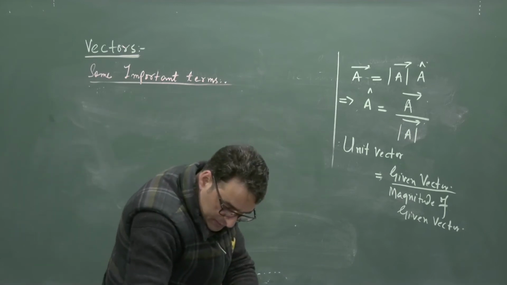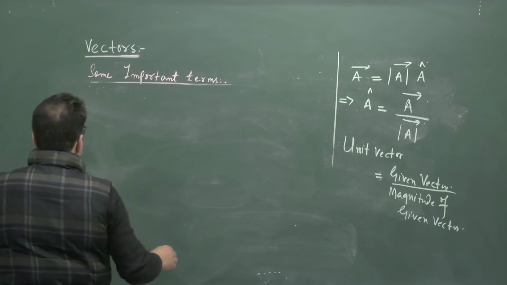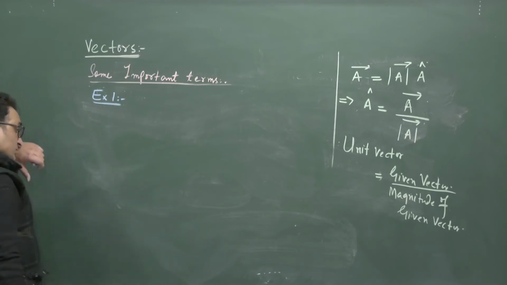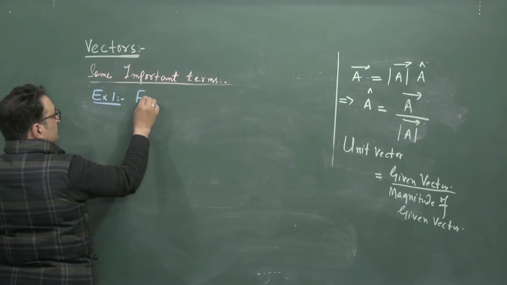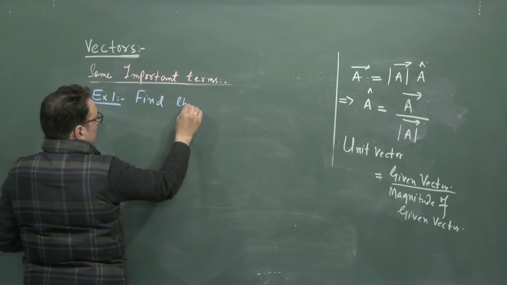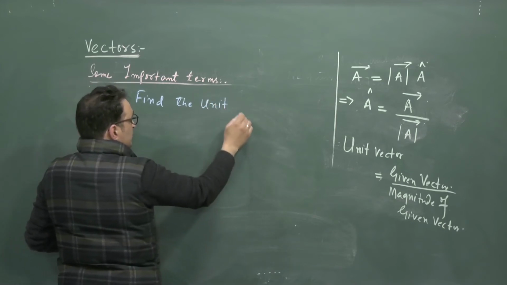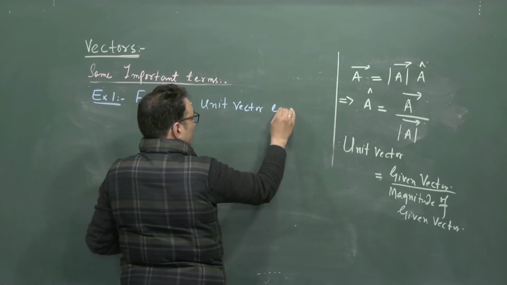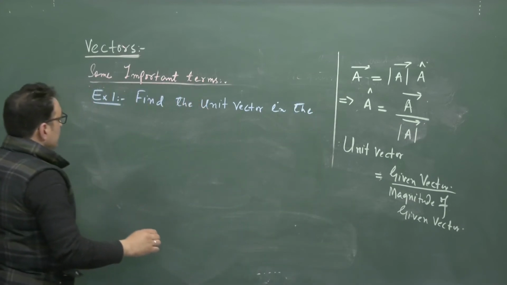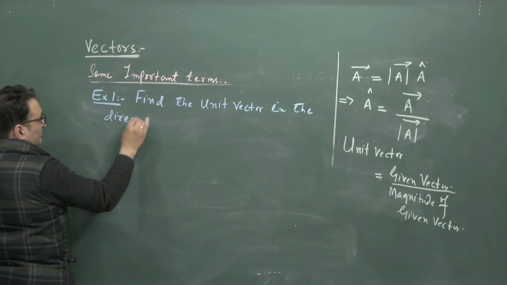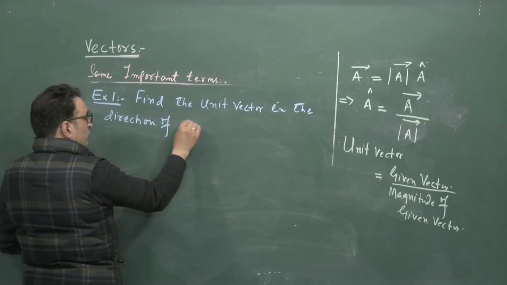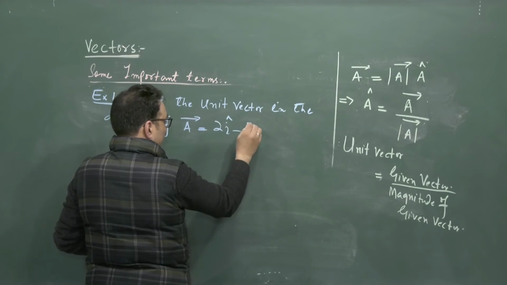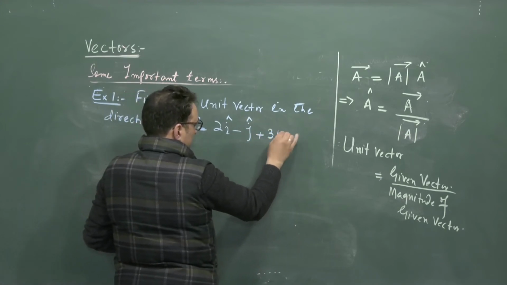You can write the question as: find the unit vector in the direction of A equals 2i cap minus j cap plus 3k cap.